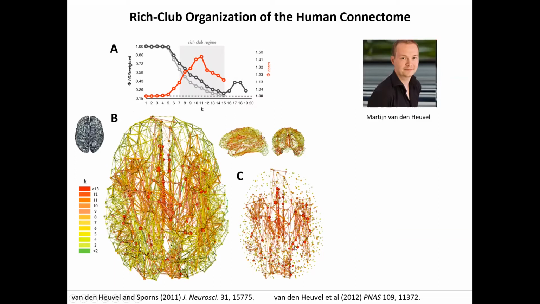The density of connections between these nodes exceeds that density that we would expect based on their degree alone. And that is illustrated in this diagram up above, which shows us the excess of connections beyond chance, beyond that null model of degree-preserving random network that we find in the actual brain. So yes, the human connectome exhibits rich club organization.